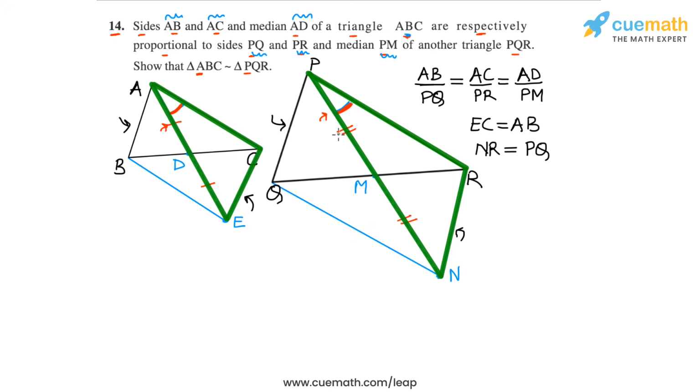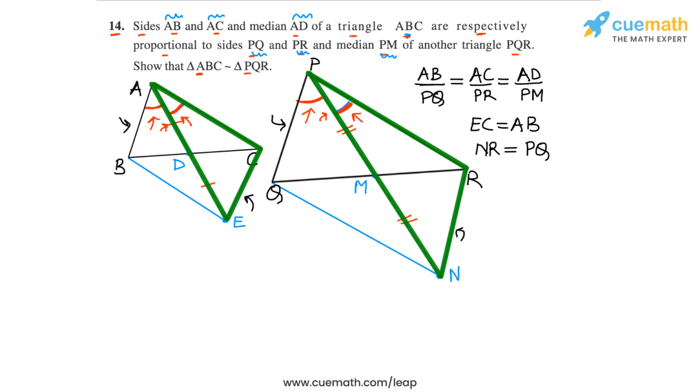And similarly, we can say using similar arguments that this angle BAE will be equal to angle QPN. Okay, and from here if we sum these two angles, so angle BAE plus CAE, which is angle BAC, we can show will be equal to angle QPN plus angle RPN, or angle QPR.